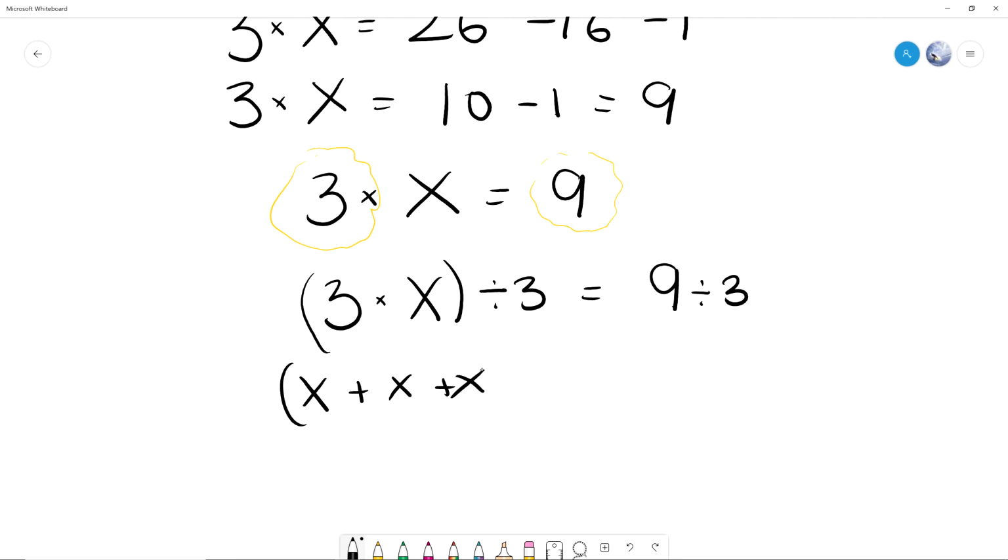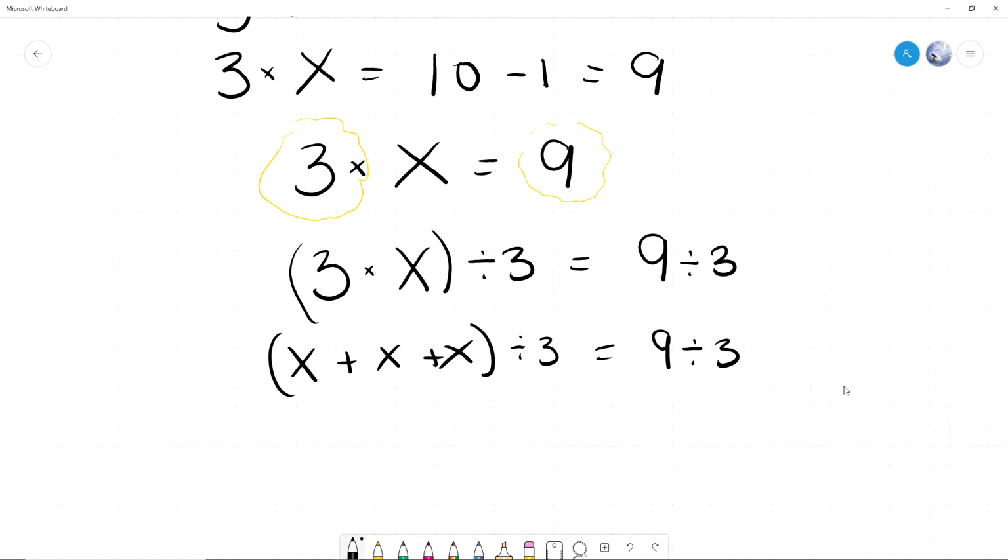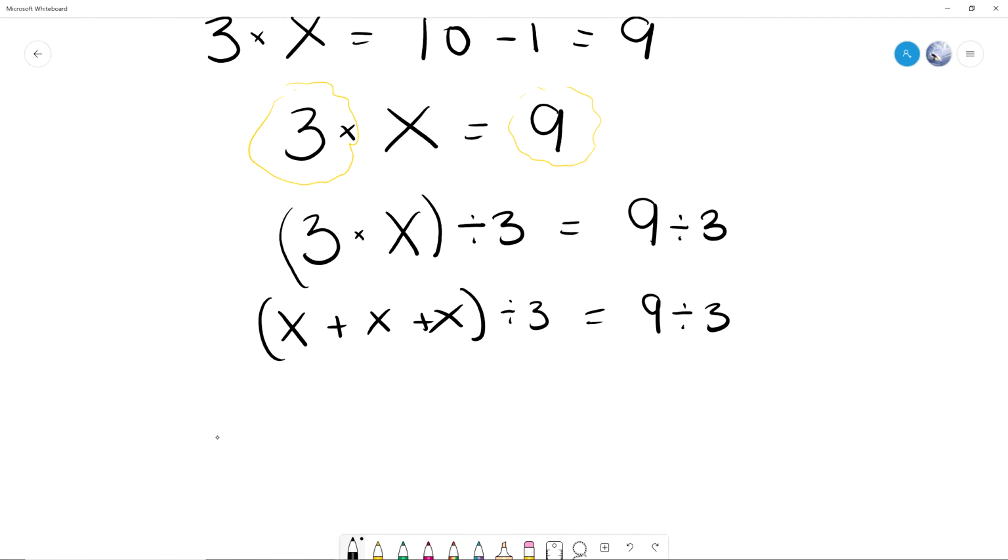And if I want to divide this by 3, I split x plus x plus x into 3 parts, and here is a third of this whole quantity. So what I'm going to get is x on this side, and 9 divided by 3 on that side. And how much is 9 divided by 3? 9 divided by 3 equals 3.